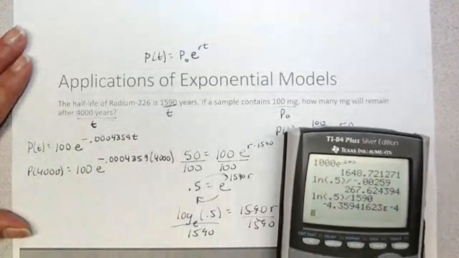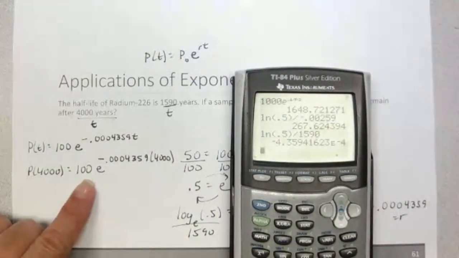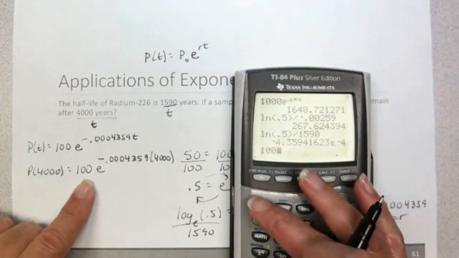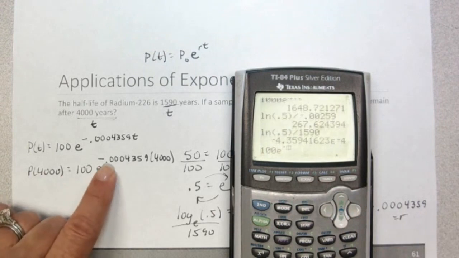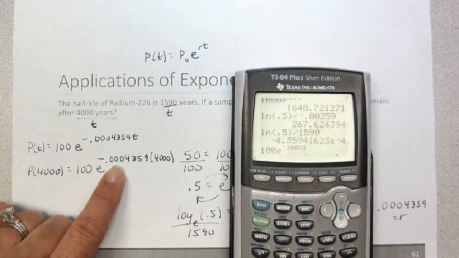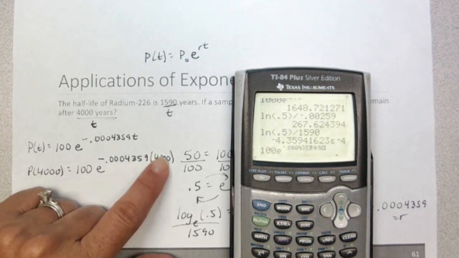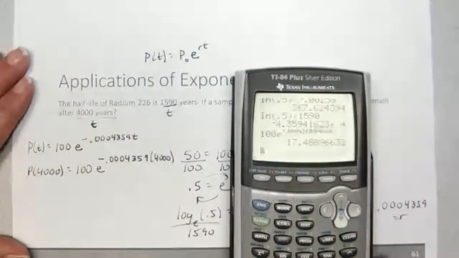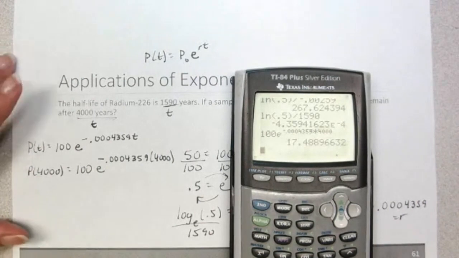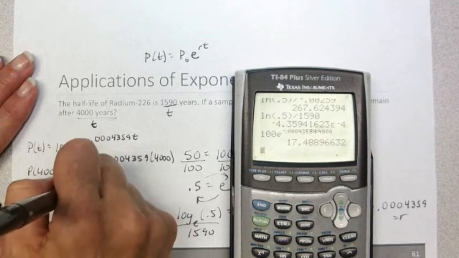Let's use our calculator and see what that amount is. So 100 times E to the negative 0.000439 times 4,000. And it looks like I'm going to have 17.4890 or 489.